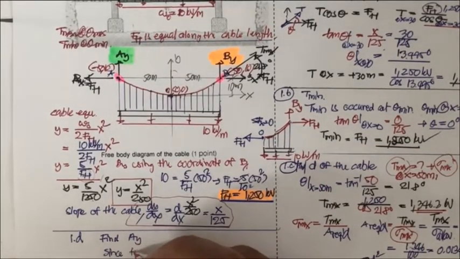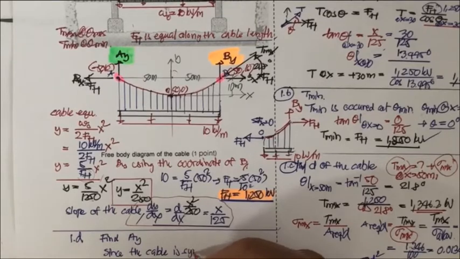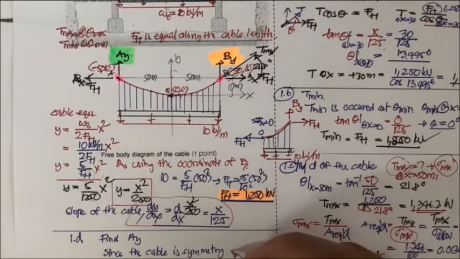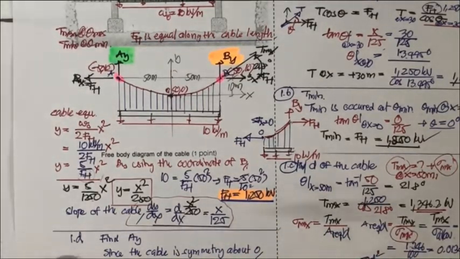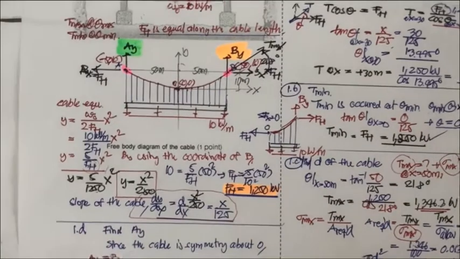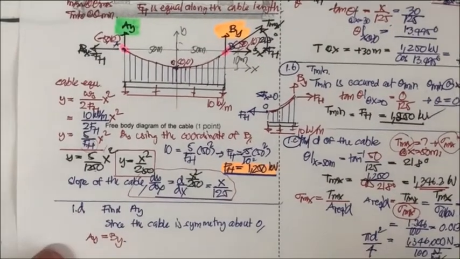Since the cable is symmetric about O, we may have that A sub y equal to B sub y.